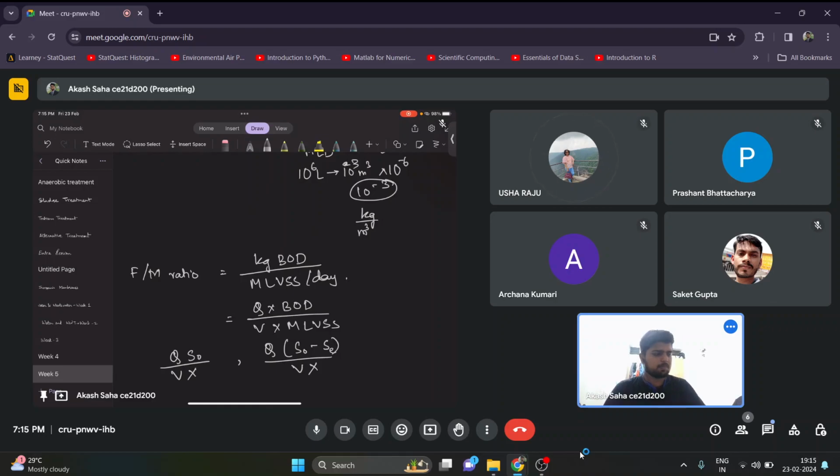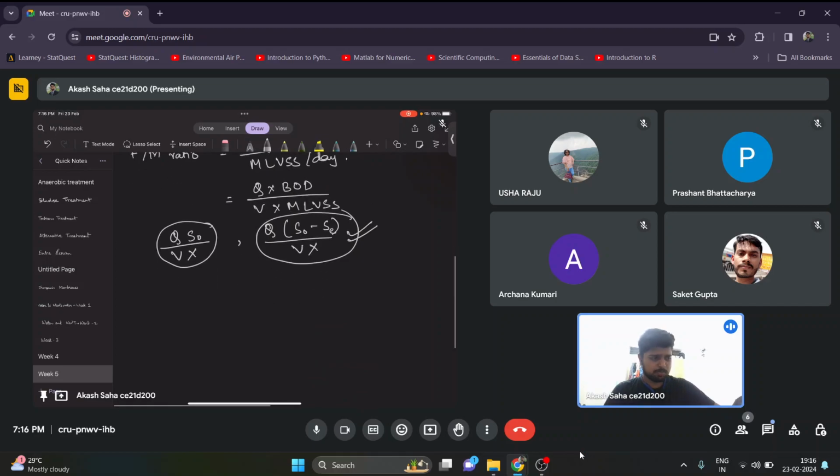So it can be in both ways, QS naught by VX or Q(S naught minus S E) by VX. We just have to see how much data is given in the question and accordingly we can find it out. But I think this will be the most appropriate term if we know the effluent also.